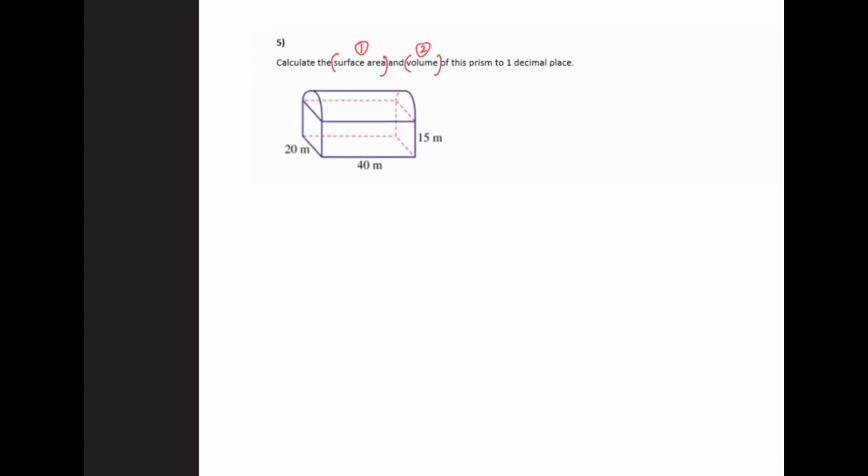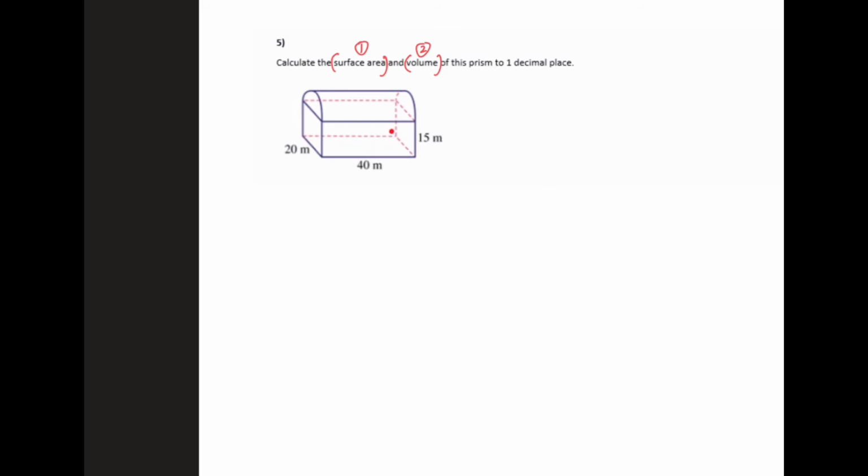For the surface area, what we need to do is add up all the surfaces. So what kind of surfaces do we have here? For example, we have the curved surface on top. We have the semicircle at the front and the back, and then the rectangle in front and back, and then another rectangle.